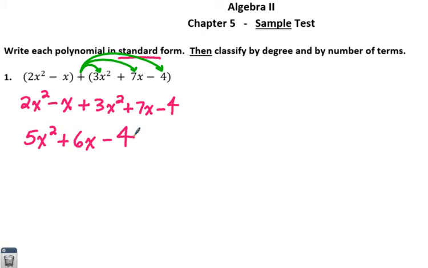So now we just classify it. The highest power is a power of 2, so we call this quadratic. And there's 1, 2, 3 terms, so we can also classify it as a trinomial. So it's a quadratic trinomial.